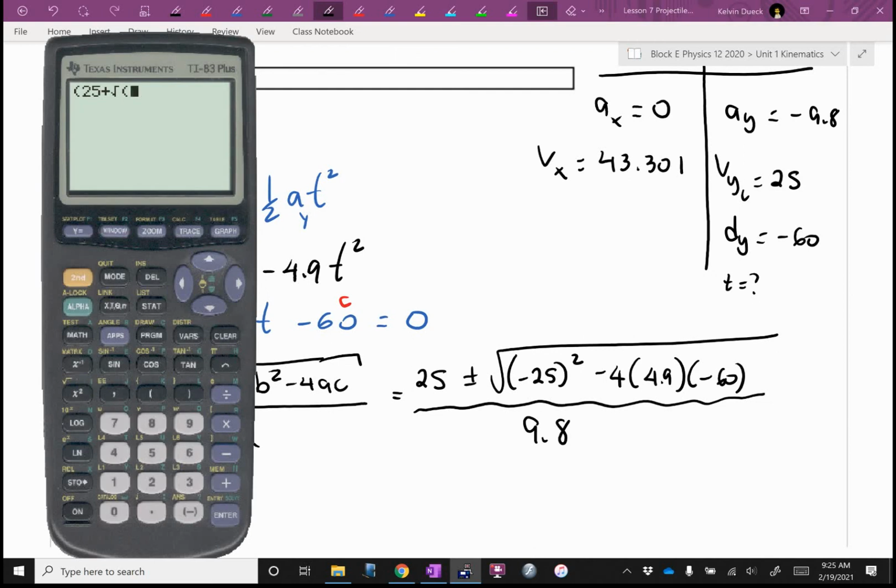So I'm not even going to bother typing the negative in front. I'm just going to go 25 squared because I know that's the same as negative 25 all squared, and it's less typing. Minus 4 times a times c. Close off the square root. Close off the top. Divided by 9.8.